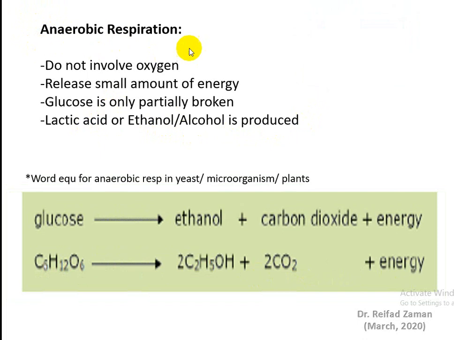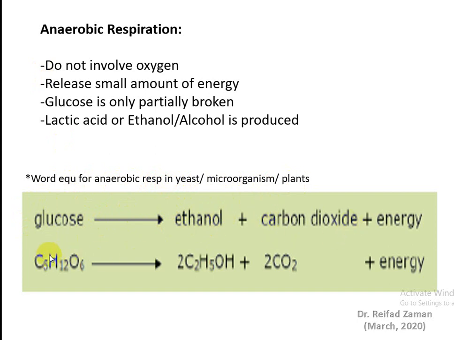The second type of respiration is anaerobic respiration. Anaerobic respiration does not involve any oxygen. Here is an example of anaerobic respiration that occurs in yeast, microorganisms and plants. Here you can see that the glucose is being broken down into ethanol and carbon dioxide.